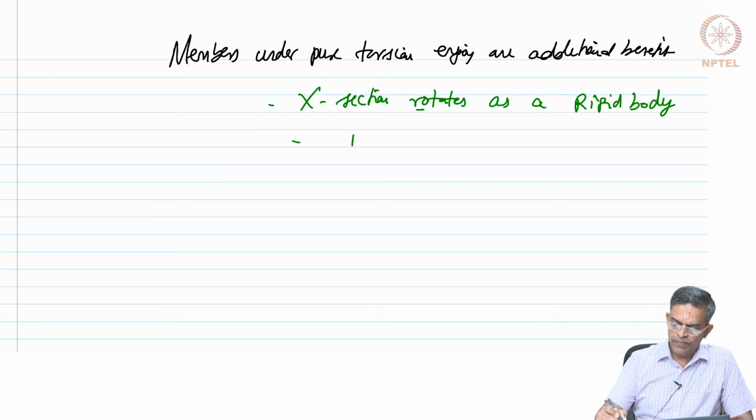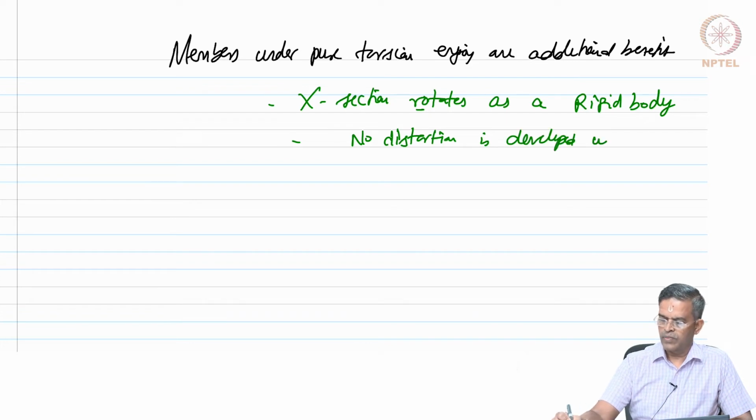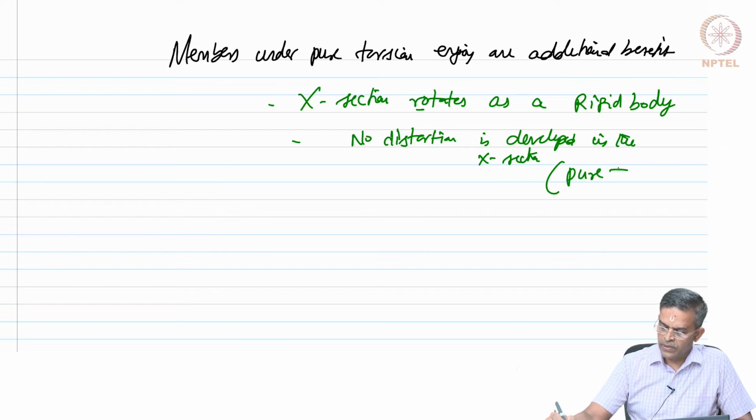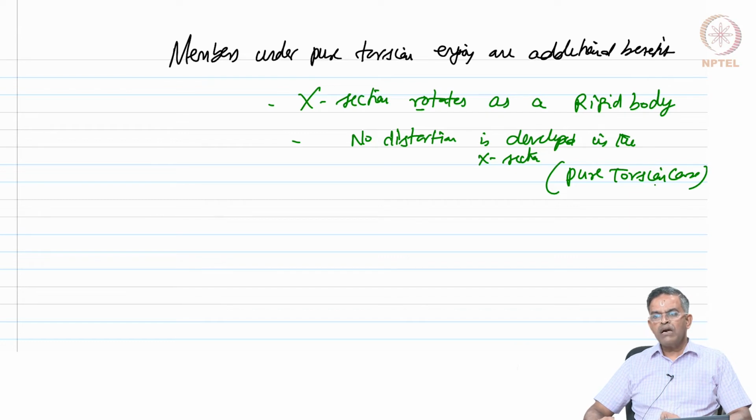So, what does it mean? No distortion is developed in the cross section when T is applied, if it is a pure torsion case. Okay. But the angle of twist will change along length of the member.